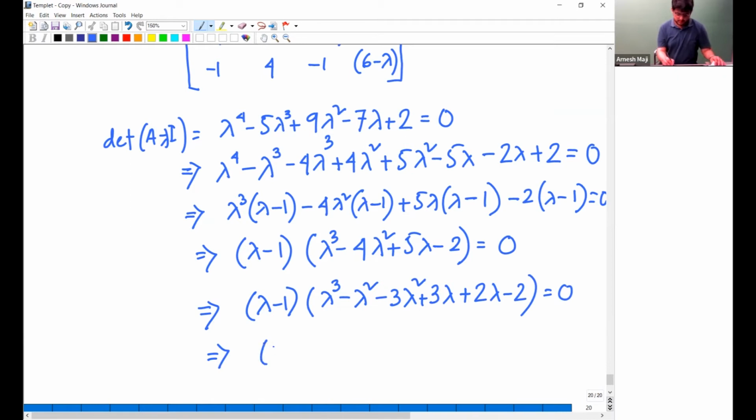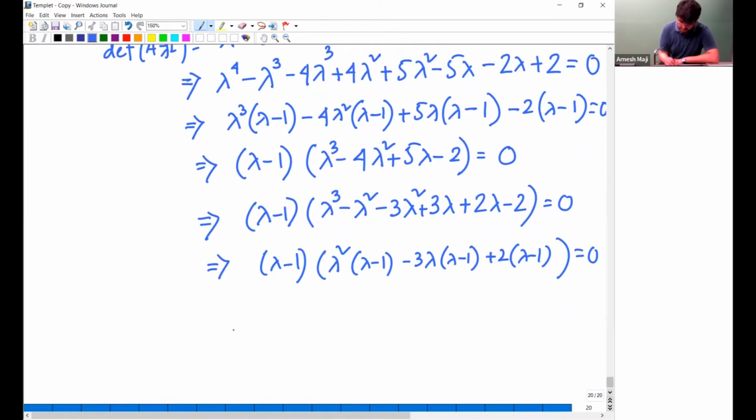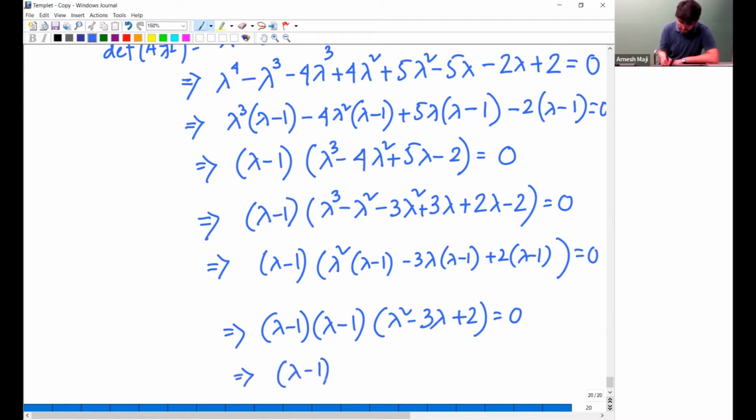So this will ultimately lead to, if you just factorize this, lambda minus 1, lambda minus 2.